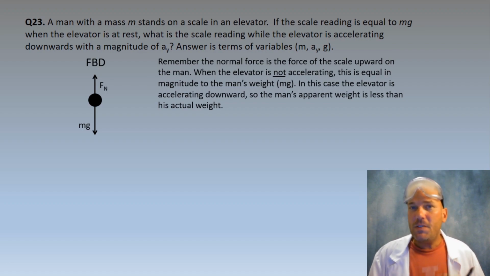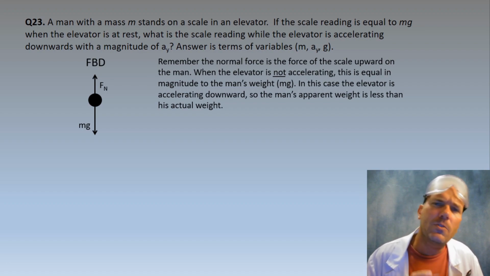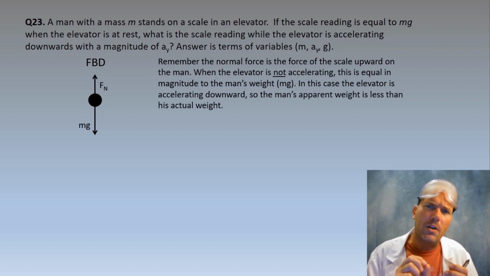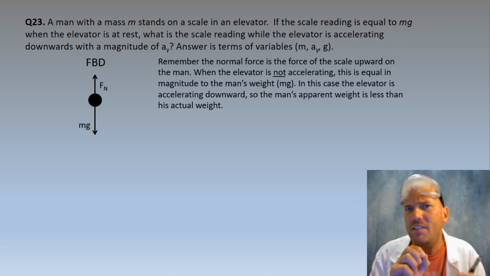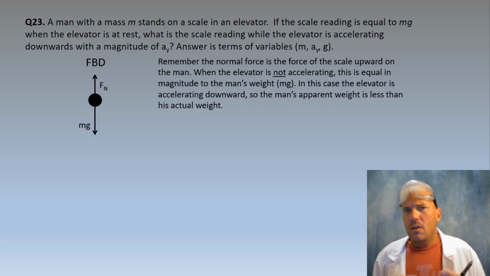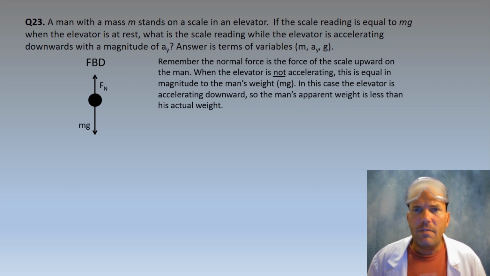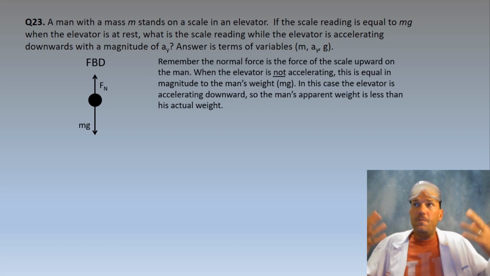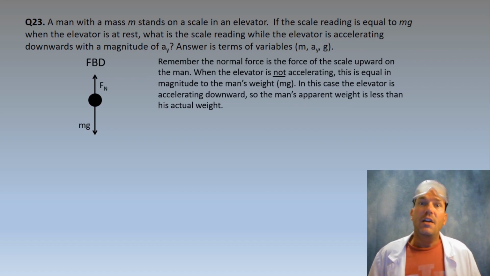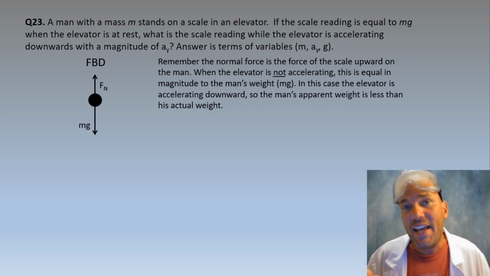Okay, but notice on this free body diagram, the force normal is drawn smaller than the weight, or the mass times the gravity. Think about riding in an elevator and you're accelerating downward. You feel lighter. Your apparent weight is less.